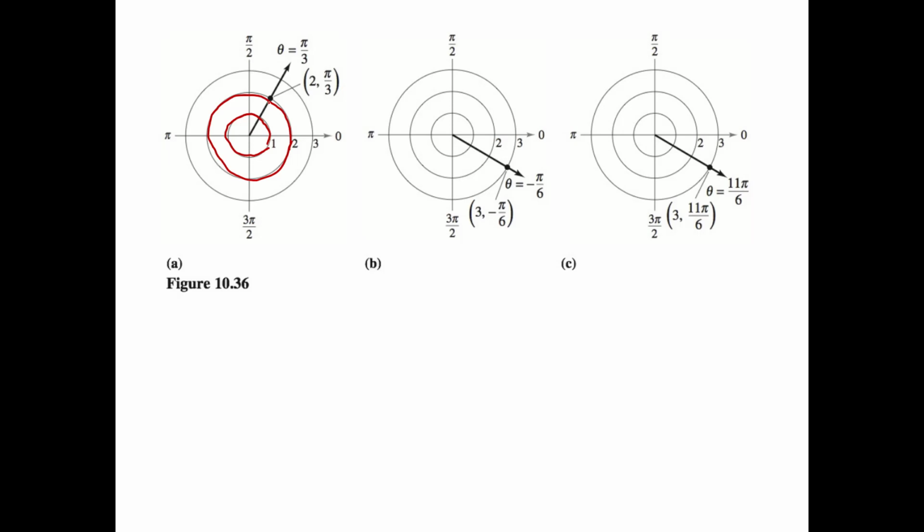And so then theta equals pi over 3 is a ray. And so then your ray starts at the origin and goes out this way. And then your point is the intersection of the ray, theta equals pi over 3, with the concentric circle of radius 2. So this is your point right here.